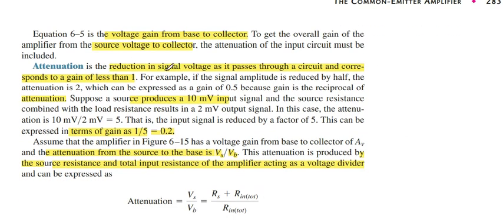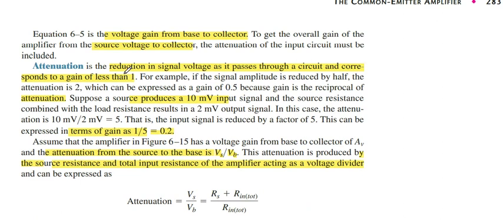Attenuation reduces the signal voltage, and voltage gain is less than 1. It gives the example for this. Suppose we give input voltage about 10 millivolt as our signal.